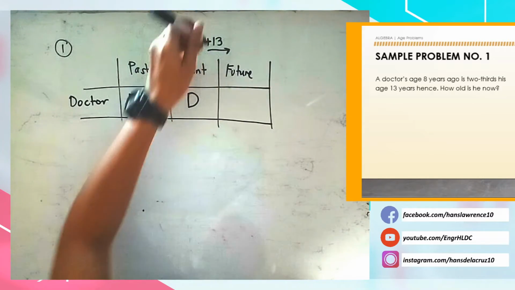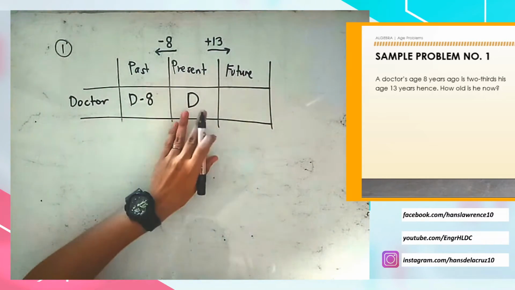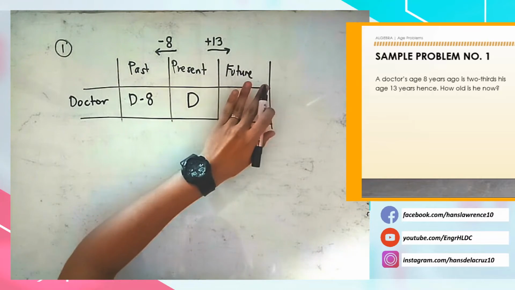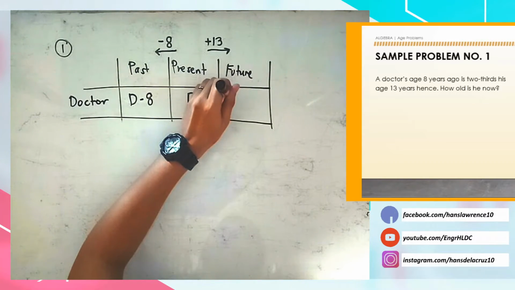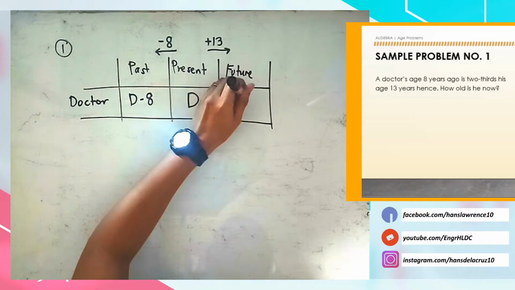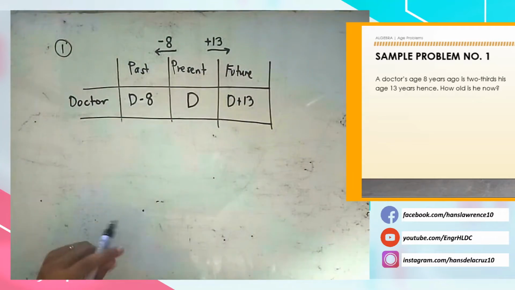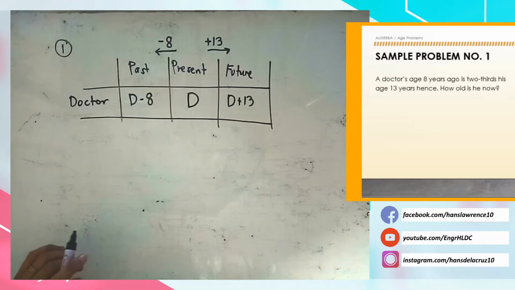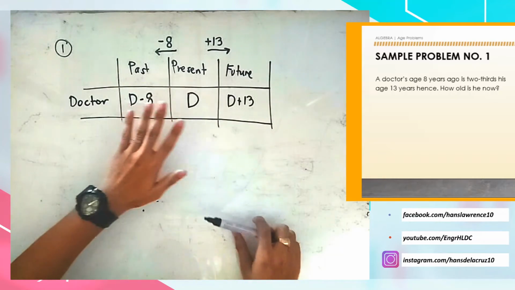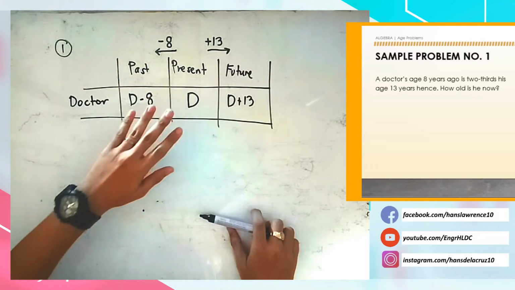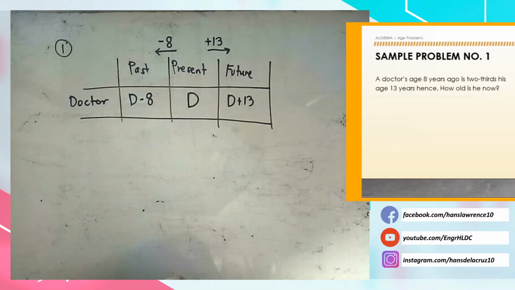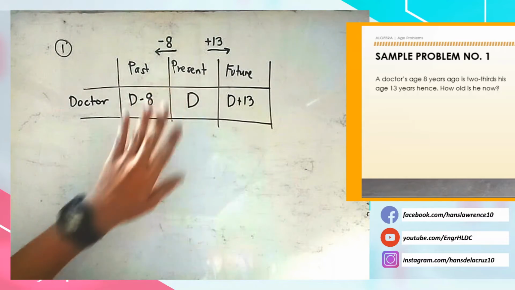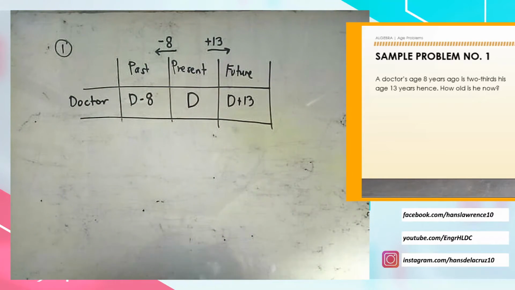Kung D years old siya at present, sa future, ang magiging age niya ay D plus 13. Ayan na yung by tabulation. After mo matabulate yung mga data na pinrovide, ngayon natin i-interpret yung sinabi sa problem, yung relationship ng mga ages nila. Anong sinabing relationship dito, class?